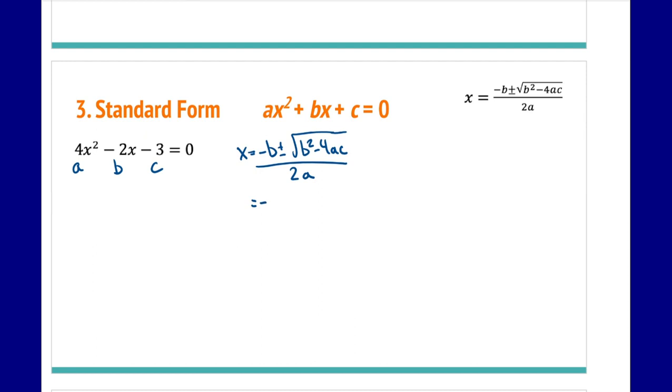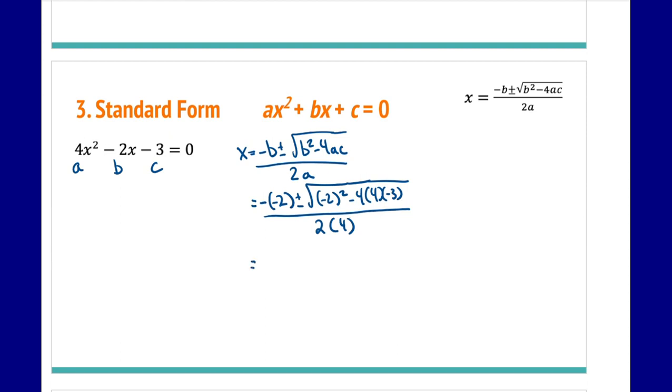So negative of negative 2, plus or minus the square root of negative 2 squared minus 4 times 4 times negative 3, all divided by 2 times 4.